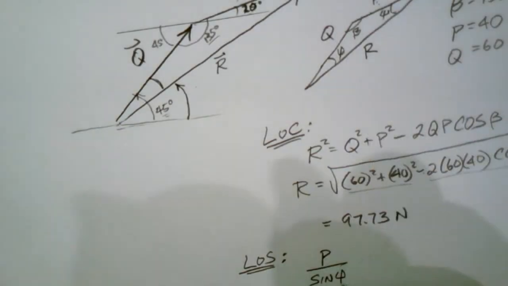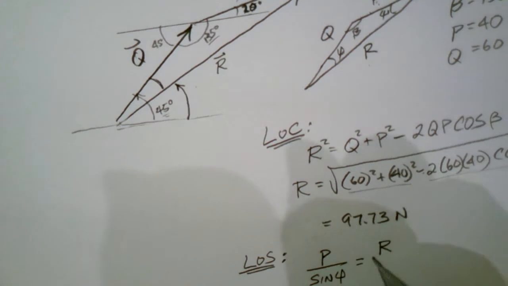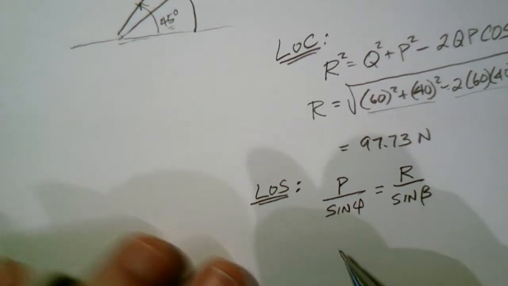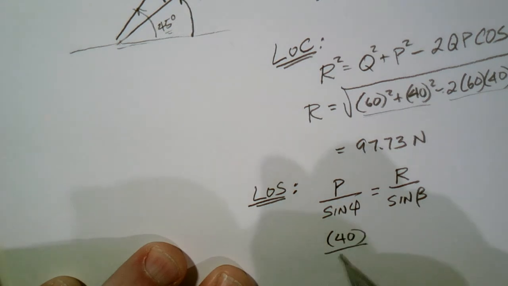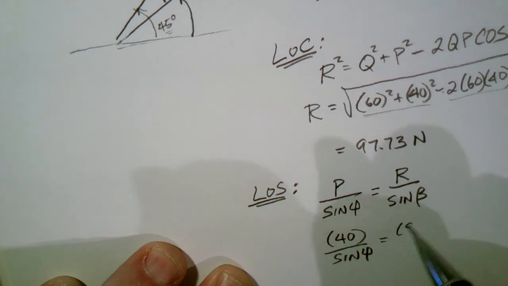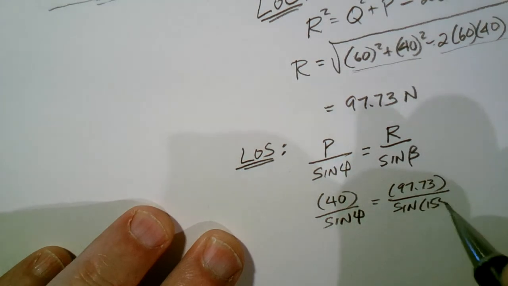I think it's psi, yeah, is going to be equal to, now I know beta and I know R, so I just found R. So it's going to be R over the sine of beta right here, right? So plug in numbers into there. That's going to be 40 divided by the sine of psi, this is what we were trying to get, is going to be equal to 97.73 divided by the sine of 155.